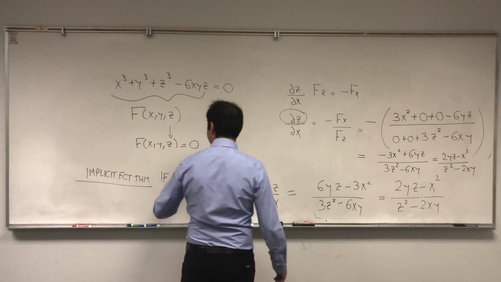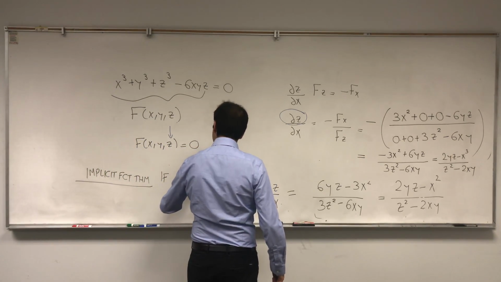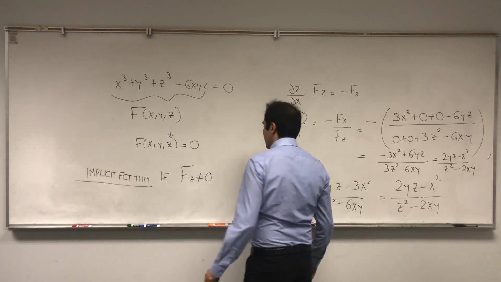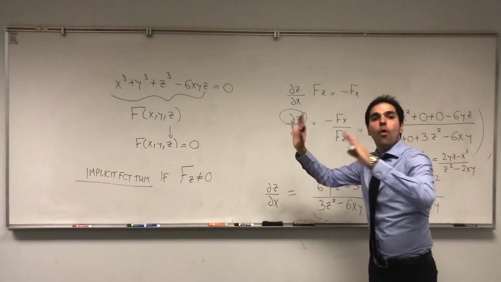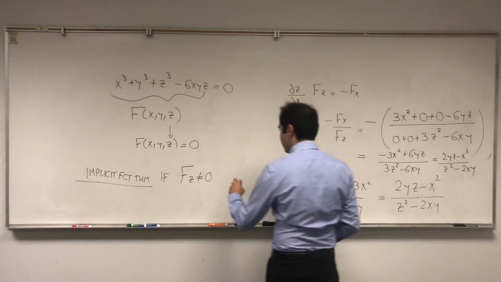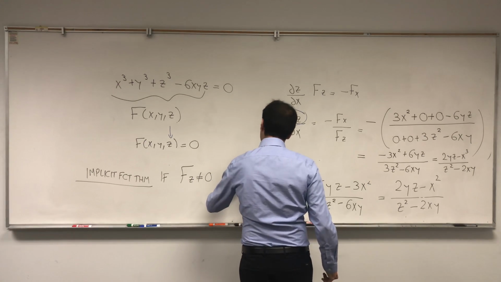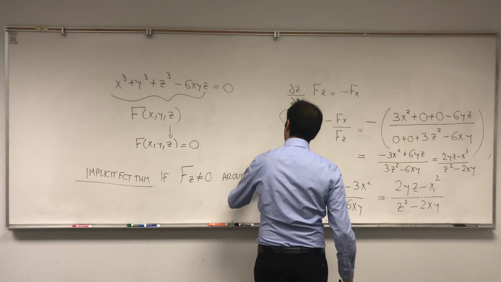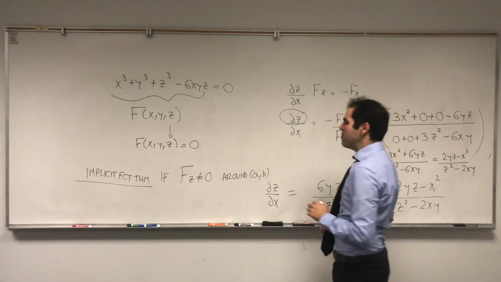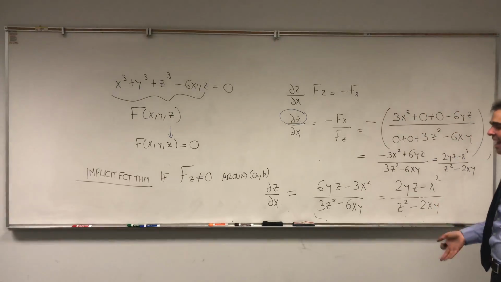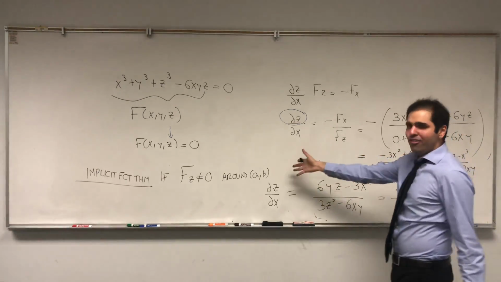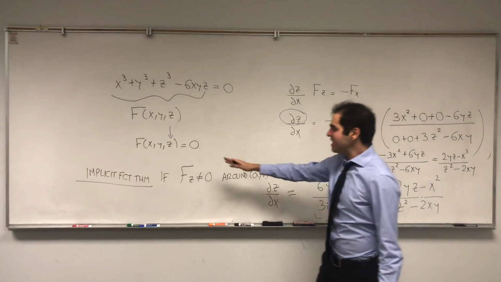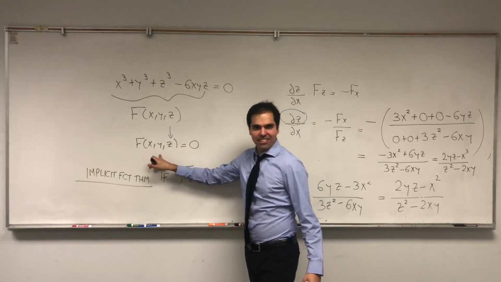if, in this case, fz is not 0, let's say at your point or around a certain point, a point (a, b), some neighborhood of it, then in fact around the point (a, b), z is a function of x and y.